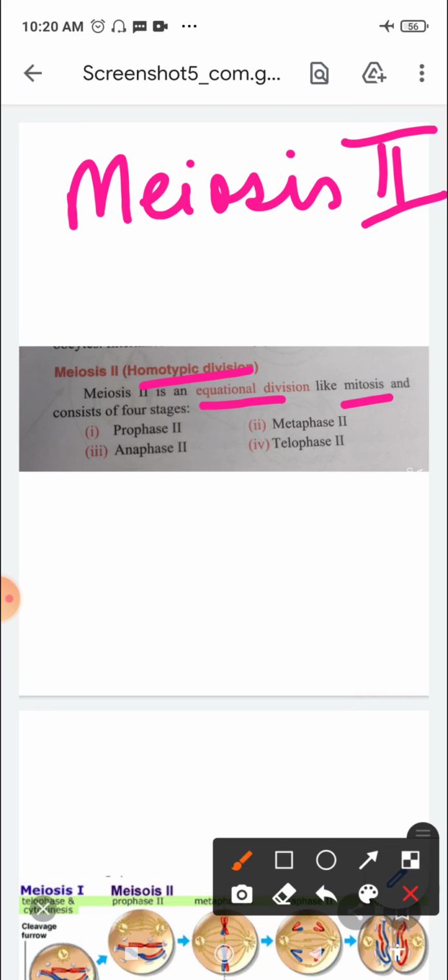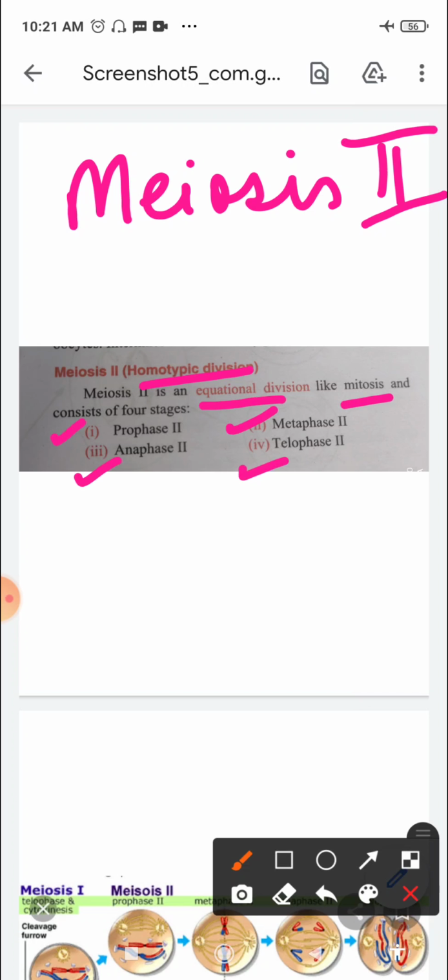Again, meiosis 2 is divided into prophase 2, metaphase 2, anaphase 2 and telophase 2. So that's in chronological order: prophase, metaphase, anaphase, telophase. And since this is the second phase of meiosis, it is prophase 2, metaphase 2, anaphase 2 and telophase 2.